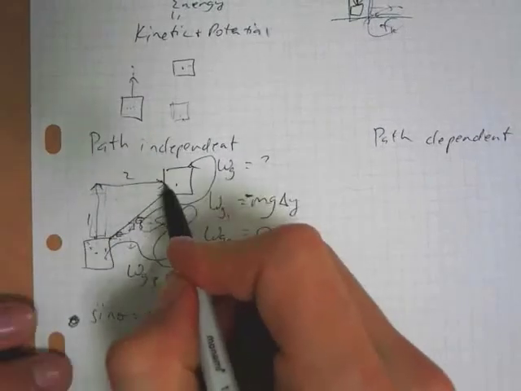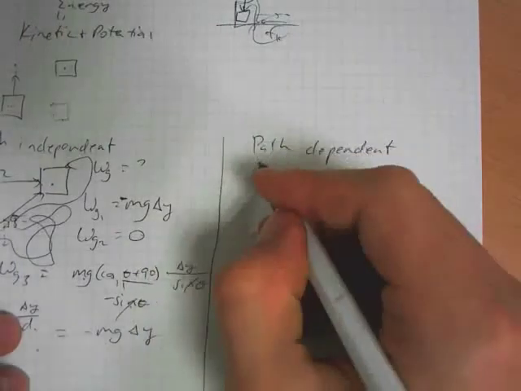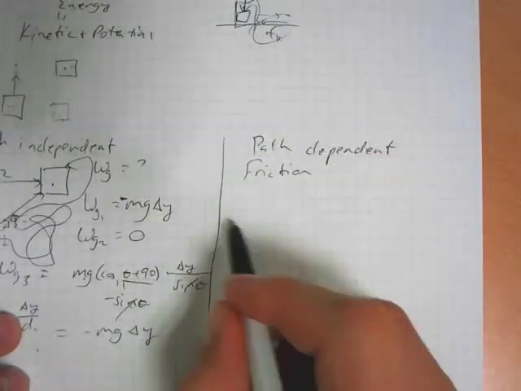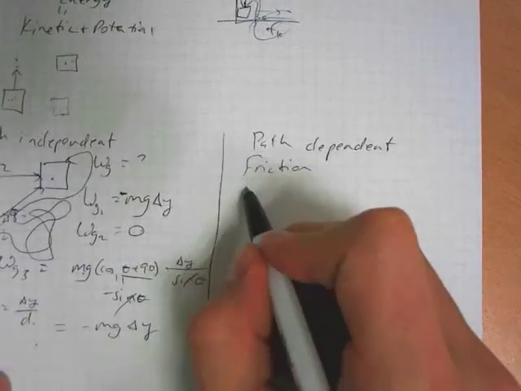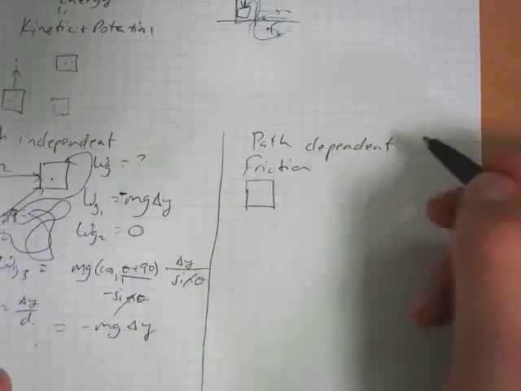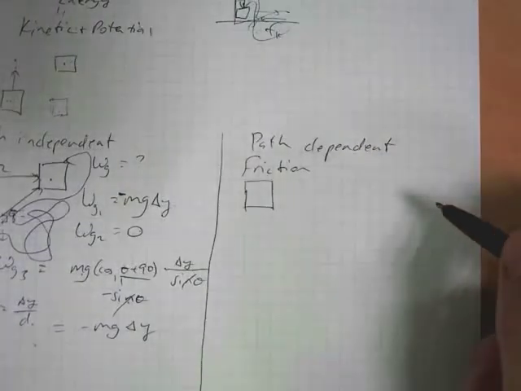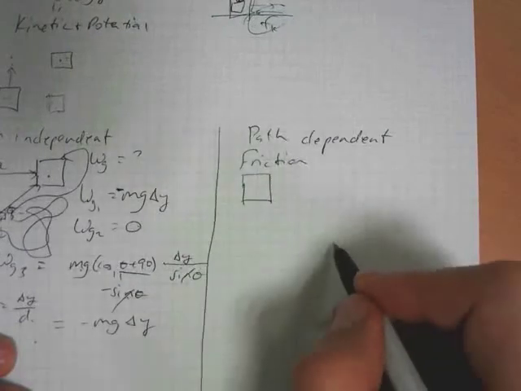Now, let's say we consider friction. Let's say we've got a box on the floor. We've got some mu, we've got some weight for the box, and let's say we push it horizontally. Say we move the box to here.